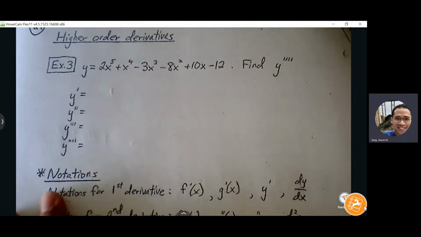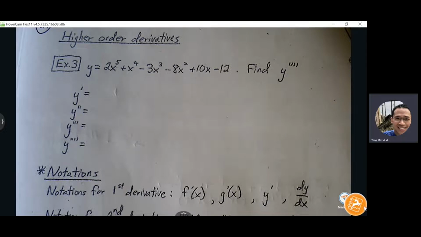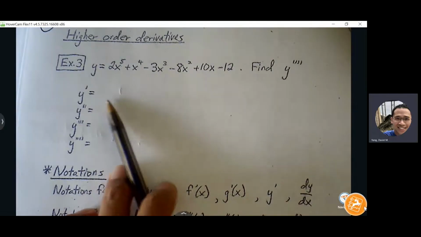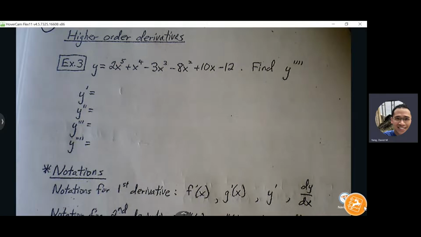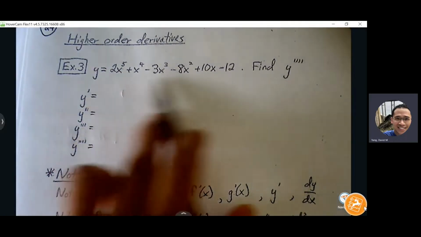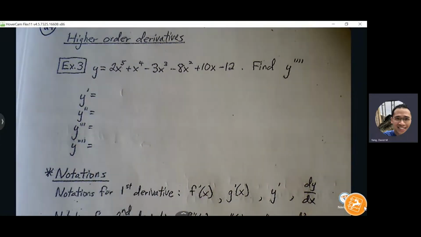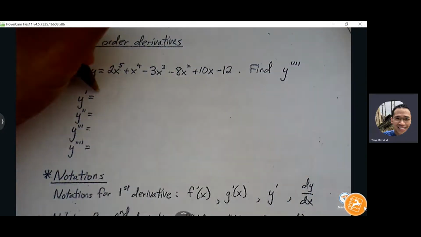But I do want to show you some important features about polynomials in general, and what happens if we were to continue to find the derivative over and over again. So let's just see what happens after, as we find each derivative, and see what happens to each of the terms and see if we can identify some patterns. Okay, so let's just go through here. Every term is nicely set up for power rule. No parentheses, no denominator, variable, no radical. So everything is set up nice and ready for us to use.